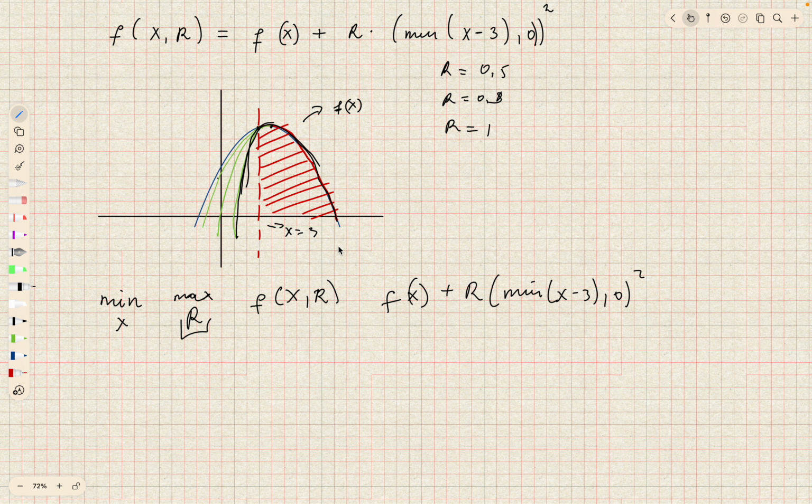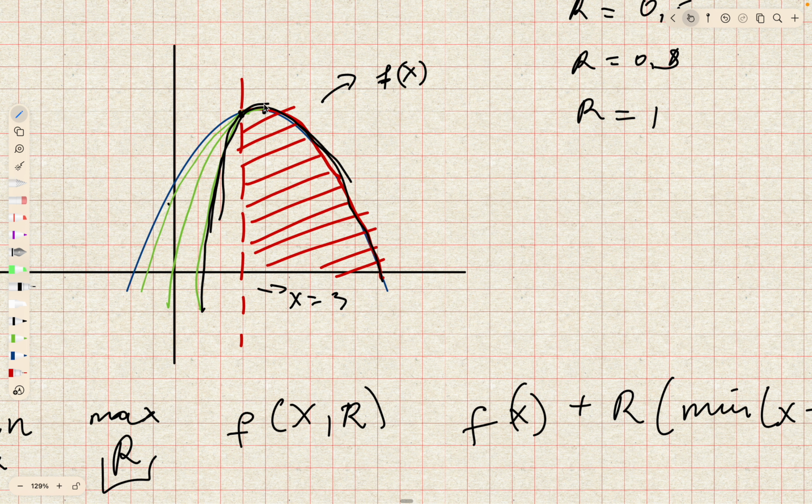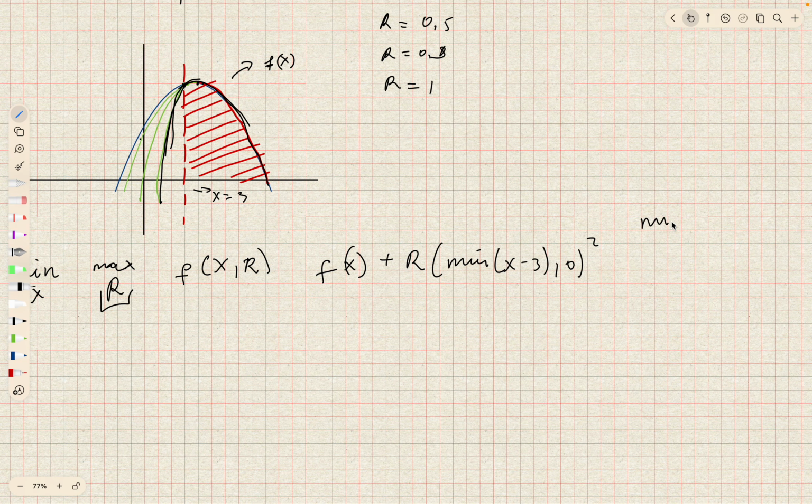We find the x that minimizes it. Let's say we found that the minimum x is here, x is 4.